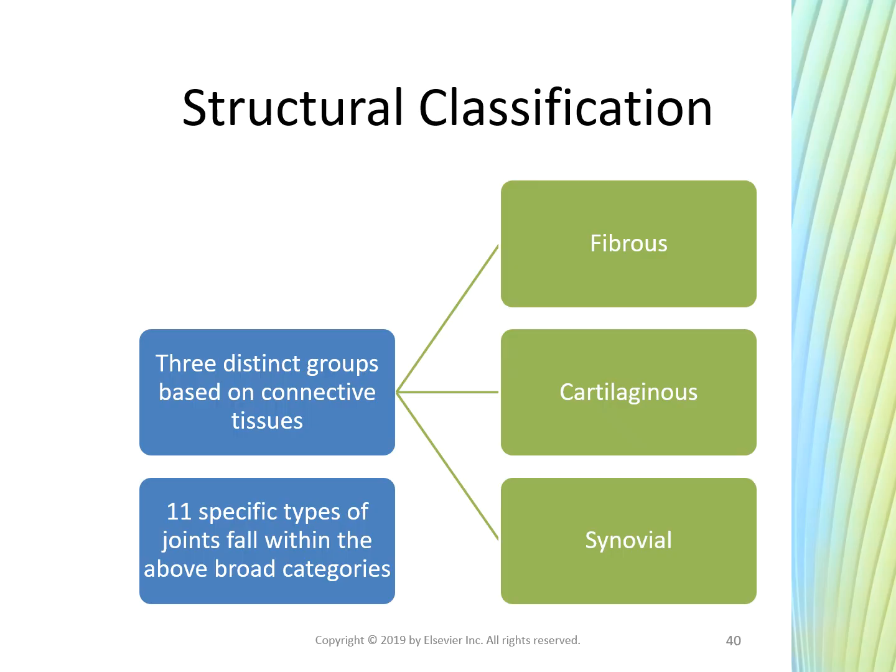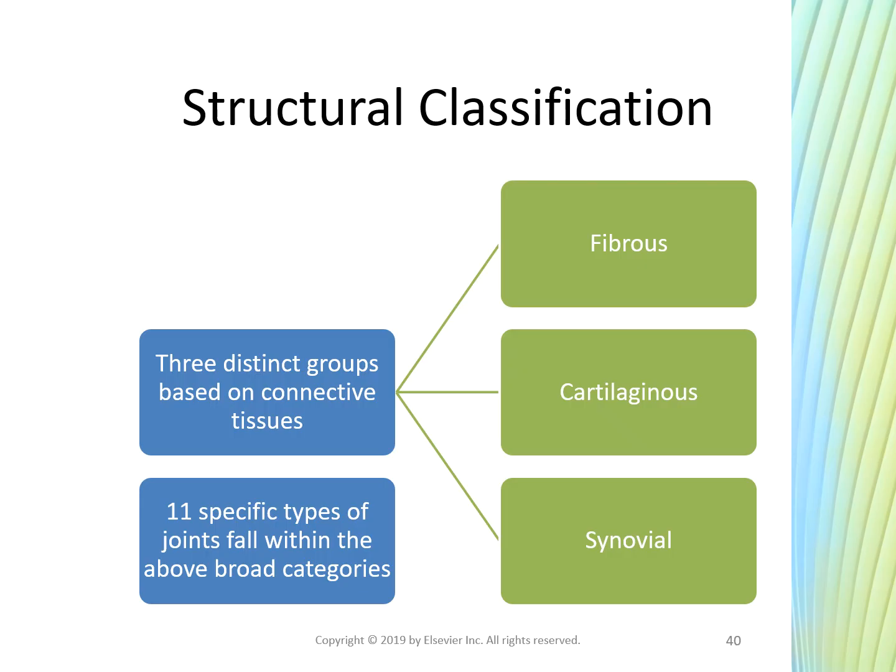All right, structural classifications. So we just did functional classifications. That was that previous slide. Now we're doing structural. There's fibrous joints, cartilaginous joints, and synovial joints. Okay. Now synovial joints have a fluid-filled membrane space.